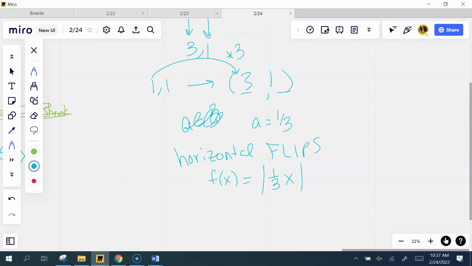Because look at your red sheet. When you're horizontal, you're dividing x by the A. So this would be a horizontal shrink, yes. No, stretch, horizontal stretch. It's a horizontal stretch of 3. Your A is 1/3 though.